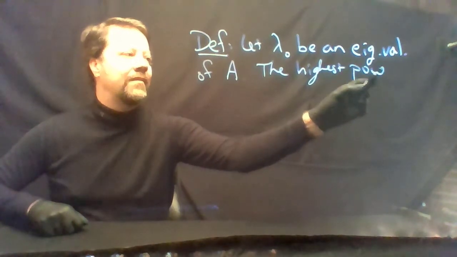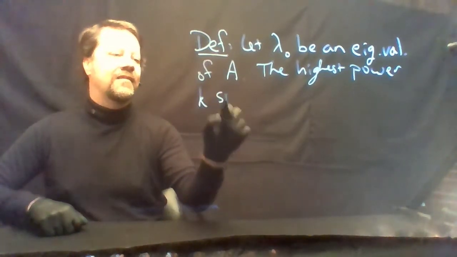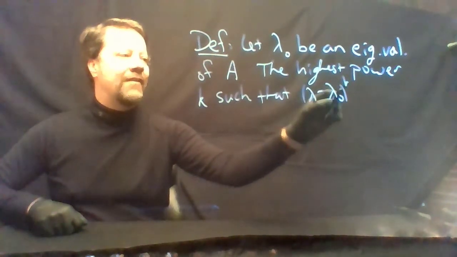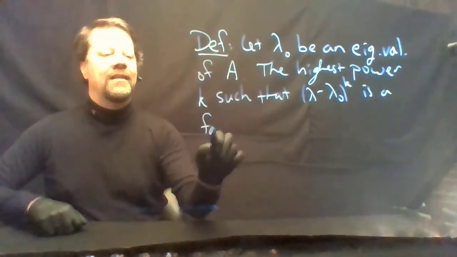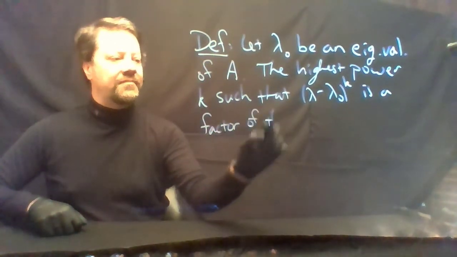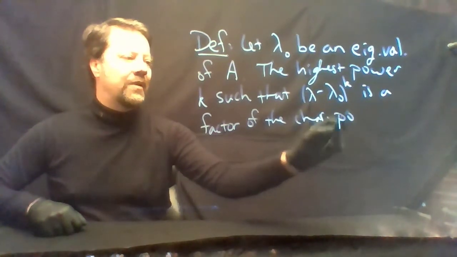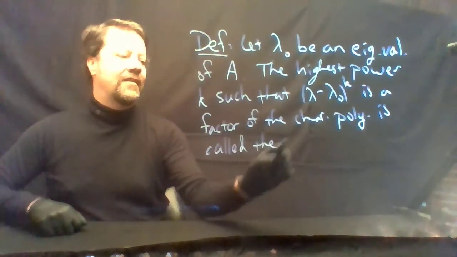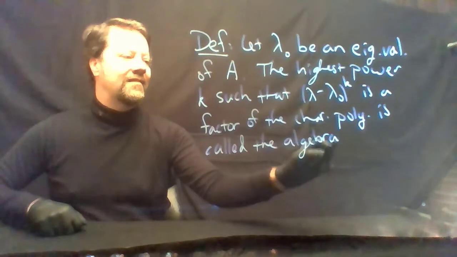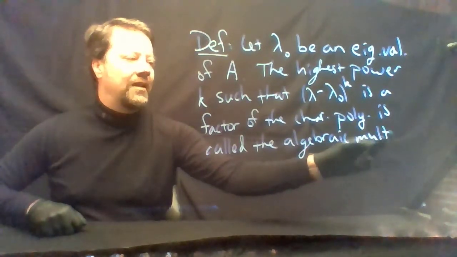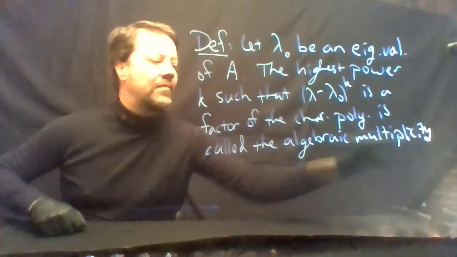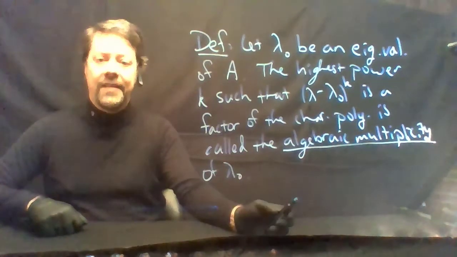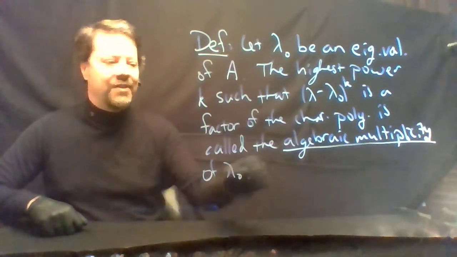The highest power, k, such that lambda minus lambda naught to the power k is a factor of the characteristic polynomial is called the algebraic multiplicity of the eigenvalue lambda naught. The dimension of the eigenspace is the geometric multiplicity.